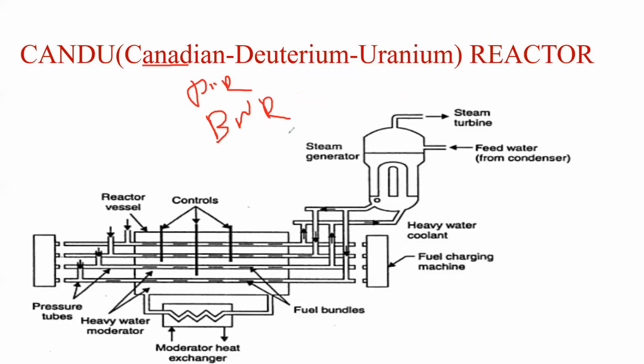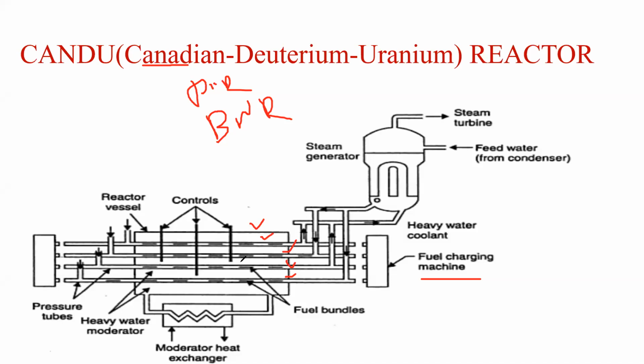As you see, this reactor has a moderator and coolant, but apart from this, in this reactor there is a fuel charging machine, and the shape of the reactor vessel is quite different. It contains a number of pressurized tubes. Just carefully observe the diagram, and then you will understand each and every point.